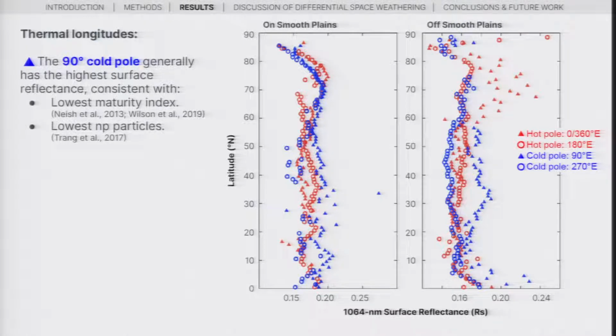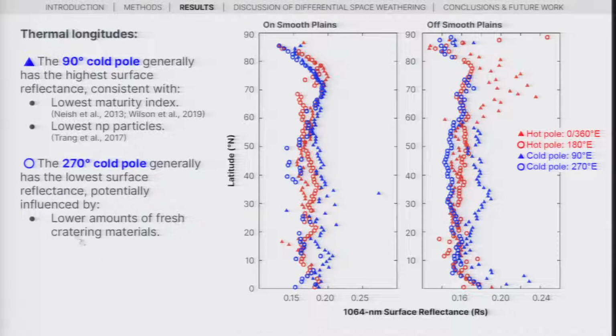One thing that we're seeing is that the 90 degree cold pole tends to have the highest reflectance of any of the 4 longitudinal poles. This is consistent with some of the earlier work that I showed, where Nish et al. found a lower maturity index along this bin. Also, David Trang's work showed that the lowest amount of nanophase particles is predicted for this cold pole as well.